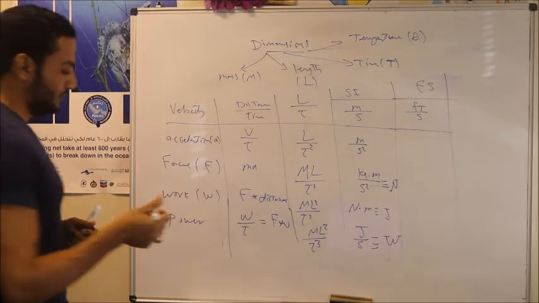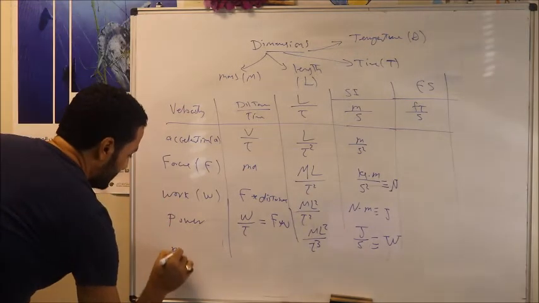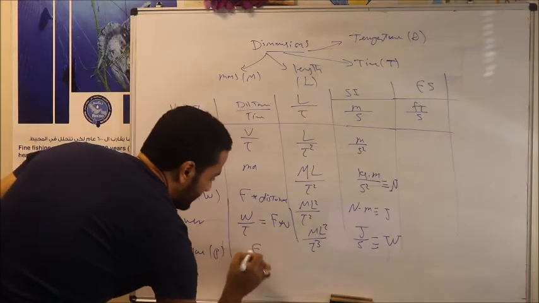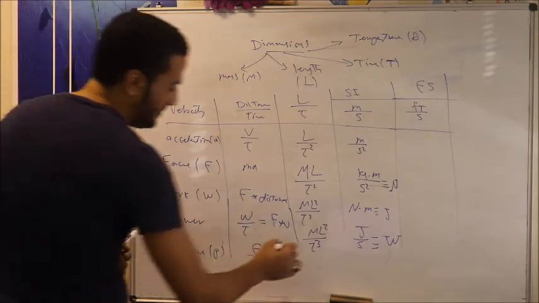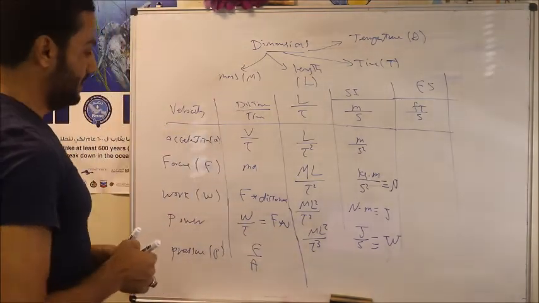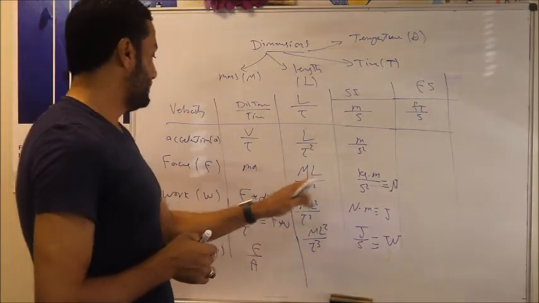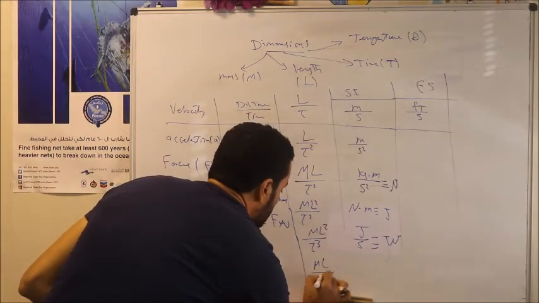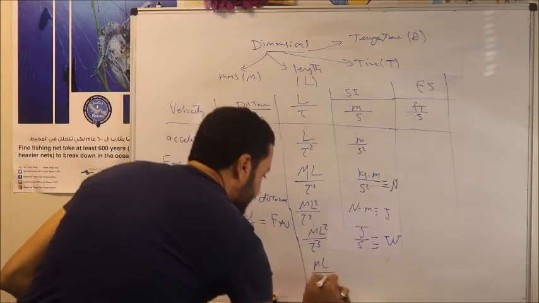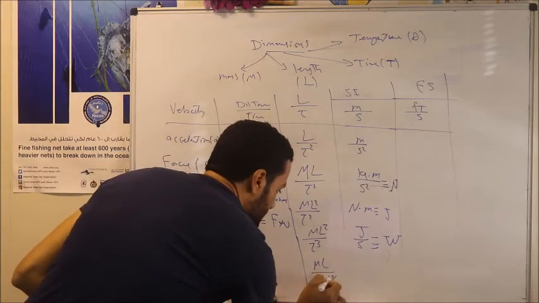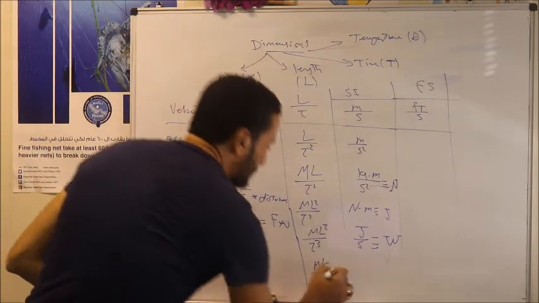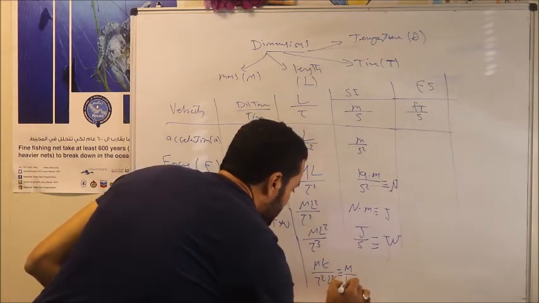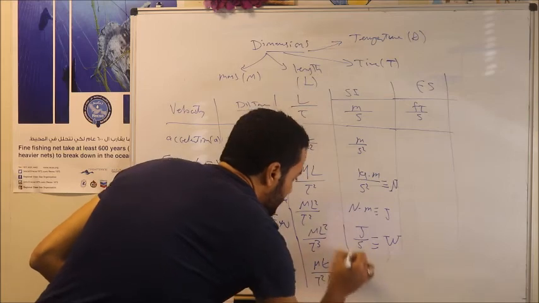Let's consider one more parameter. Let's consider here the pressure. Pressure is defined as the force per unit area. So the dimension of the force is mL divided by t square, per unit area, so it should be L square, so the L will cancel, and it will be equivalent to m divided by L multiplied by t square.